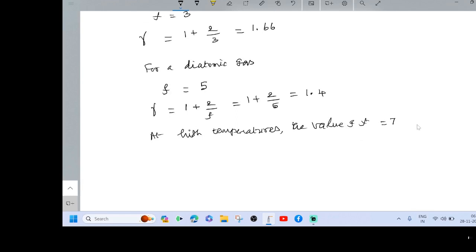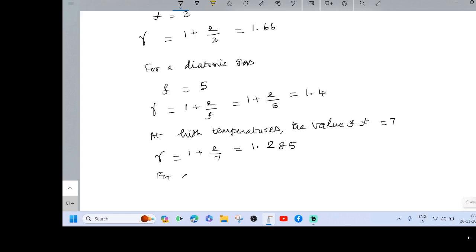Therefore, at high temperatures, a diatomic gas has 7 degrees of freedom. So 1 plus 2 by 7. The value of 2 by 7 is 0.28. Therefore, this is 1.285.